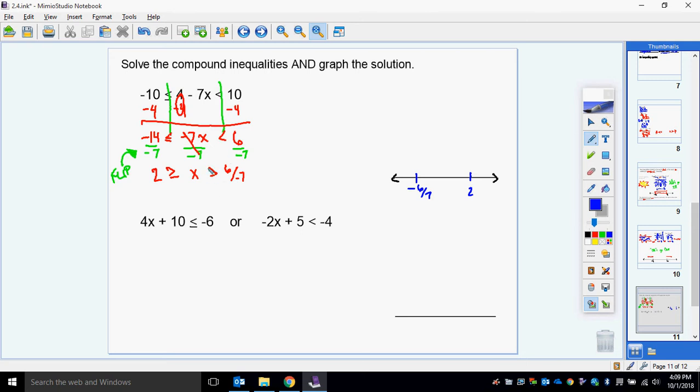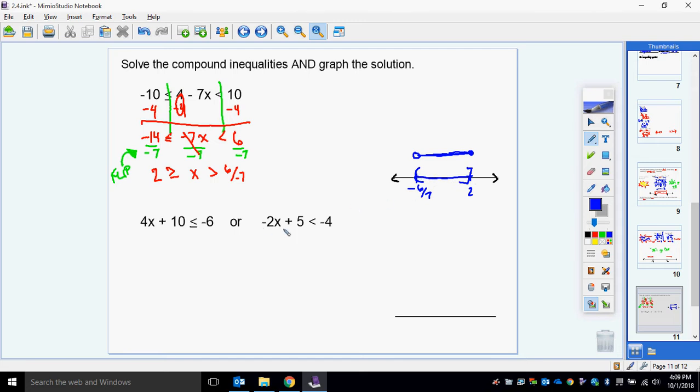Notice how with the negative, it's not an or equal to, so that's going to be an open circle. And with the 2, it is an or equal to, so that's going to be a closed circle. I need numbers that are less than or equal to 2, but I also need those numbers to be greater than negative 6/7, so this AND went in. Okay, or you can use parentheses and brackets and connect them.